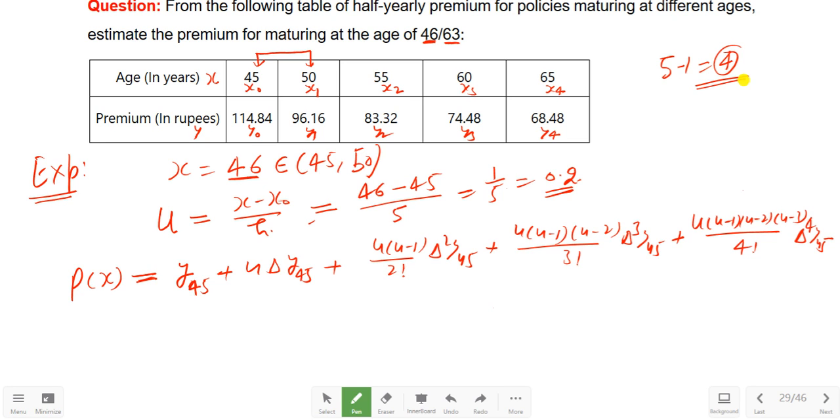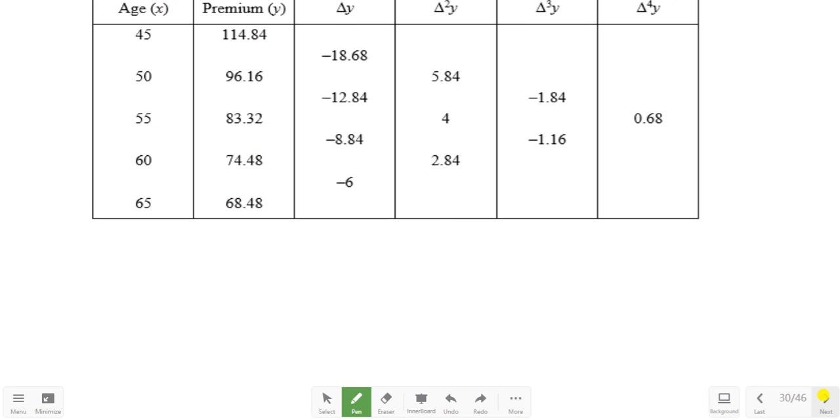When we apply Newton's forward difference interpolation formula, first of all construct the difference table. Here the difference table has age denoted by x and premium denoted by y. The x values are 45, 50, 55, 60, 65, that is x0, x1, x2, x3, x4, and the y values are y0, y1, y2, y3, y4.